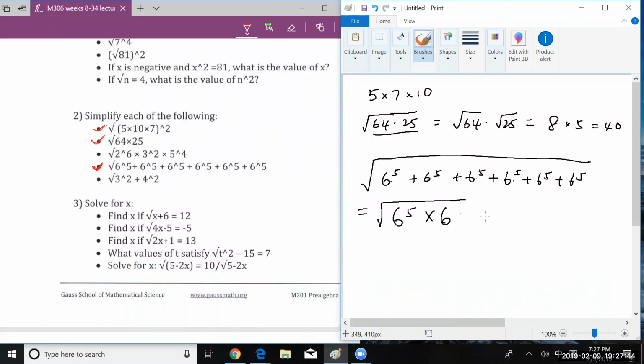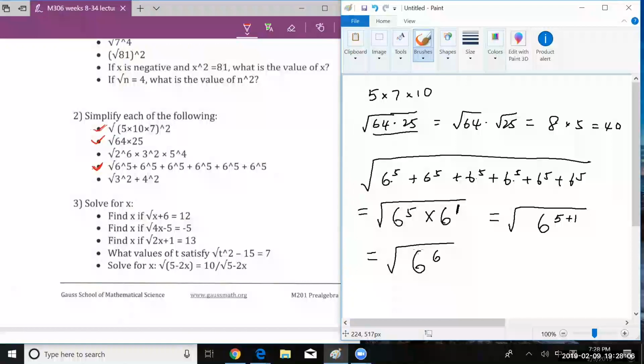When you multiply by 6, it's the same as multiplying by 6 to the 1st power. So remember exponents, when the base is the same, what do you do? You add the exponents together. So this becomes 6 to the 6th power.